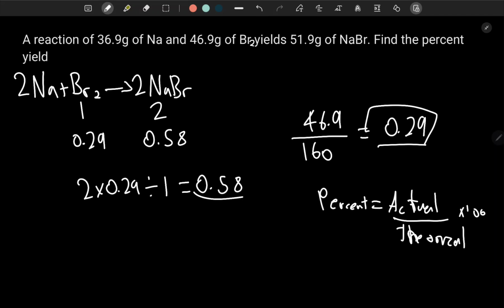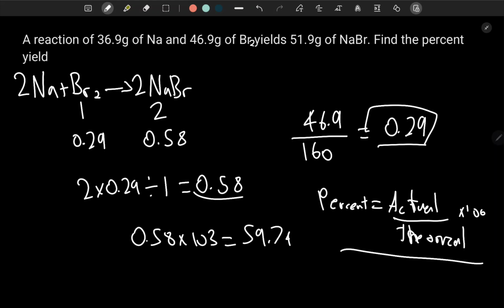So we need to convert this number of moles to mass, and the molar mass of NaBr is 103. So it's going to be 0.58 multiplied by 103, which will give us 59.74. And now we can use the formula, this one, to find the percentage yield.